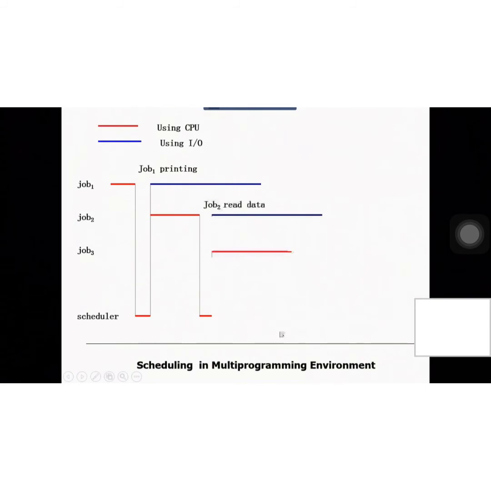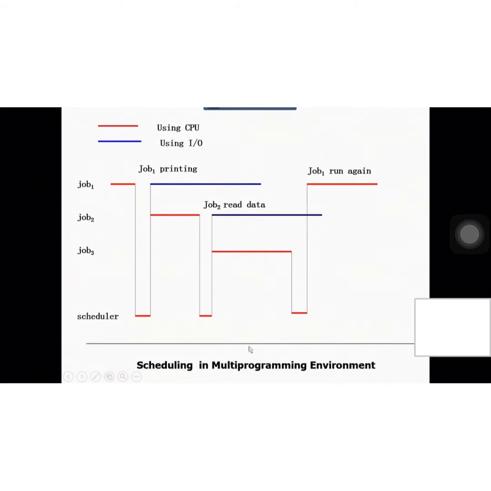Now you can see job 2 reads data from the disk, and job 3 begins to execute on the CPU. After a while, maybe job 3 will want to do I/O again, and the scheduler will work again. It will schedule the CPU to job 1 again, then job 1 continues to execute.